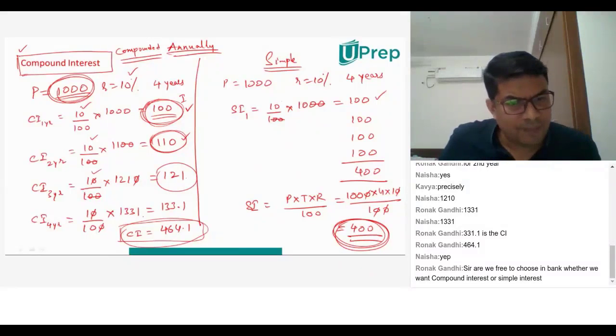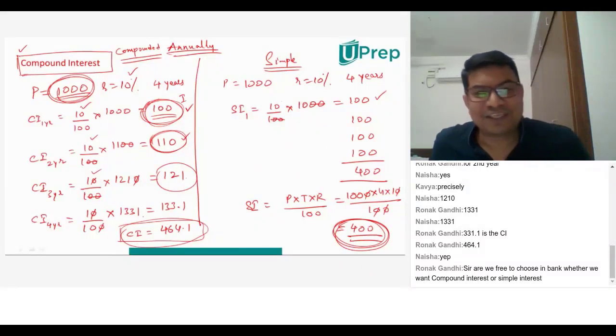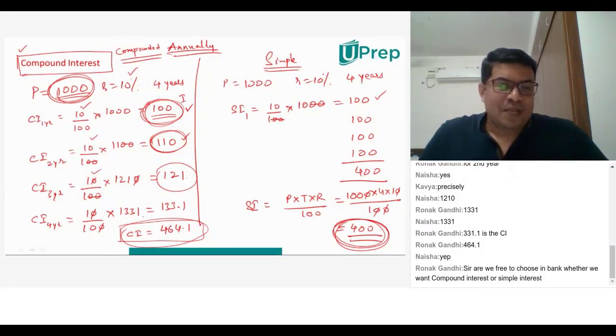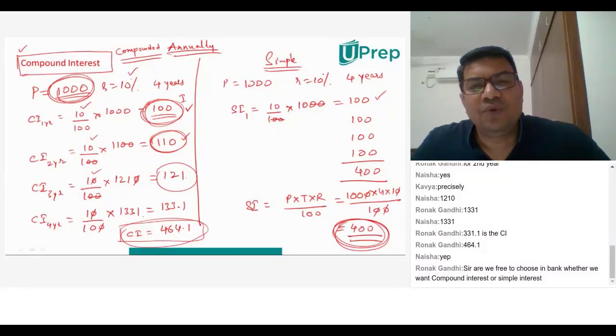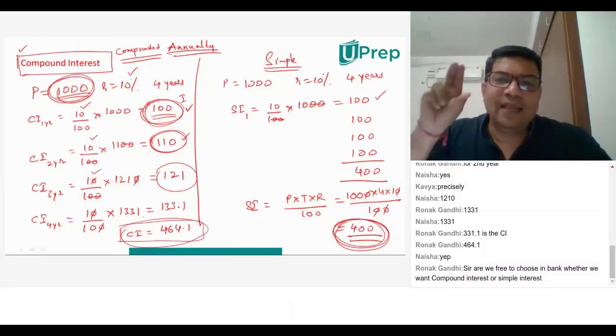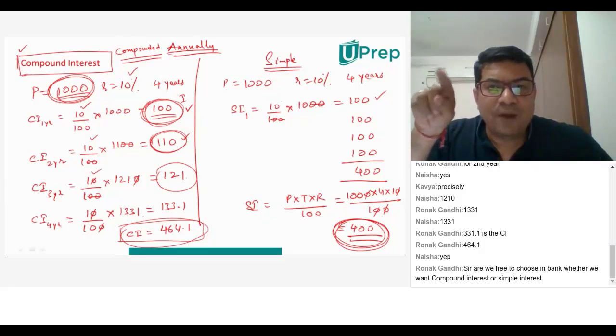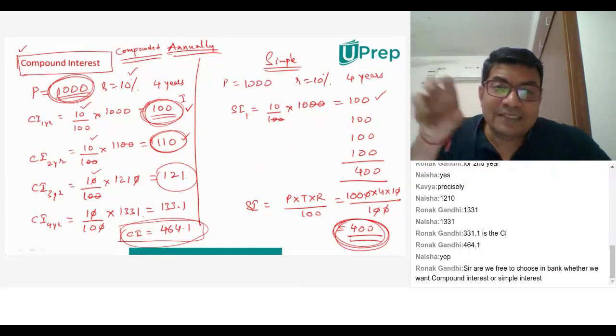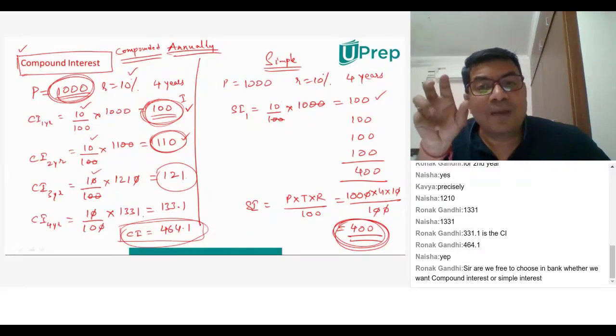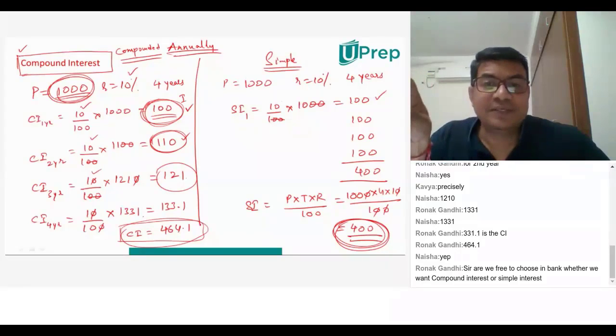Sir, we are free to choose in bank whether we want compound interest or simple interest. That's a good question, Ronak. It's too early for us, but I'll answer your question. So basically, in banks, when we take loans, interest is always compounding. But they take EMIs. That means you pay in equal installments. So when you pay an installment back, you're paying a part of principal as well as some interest.